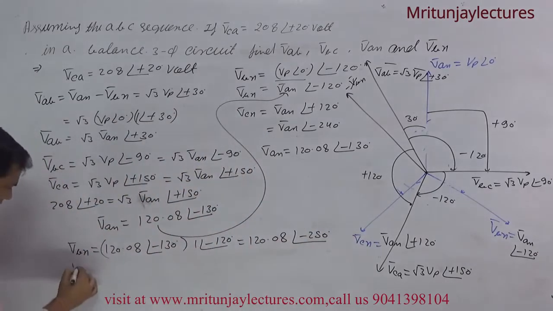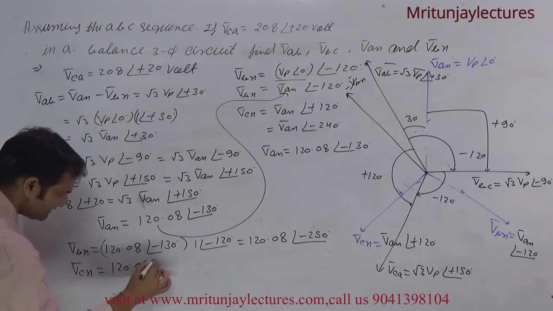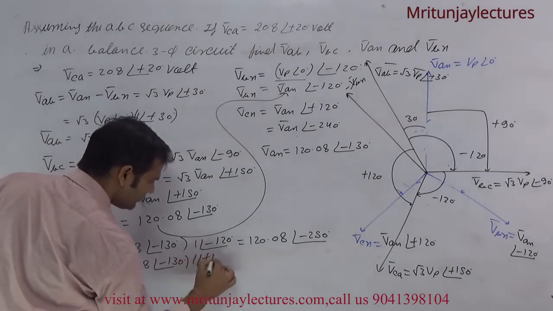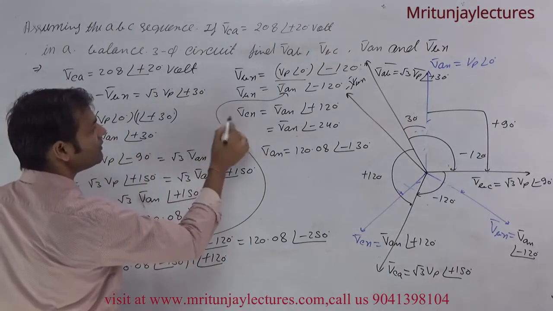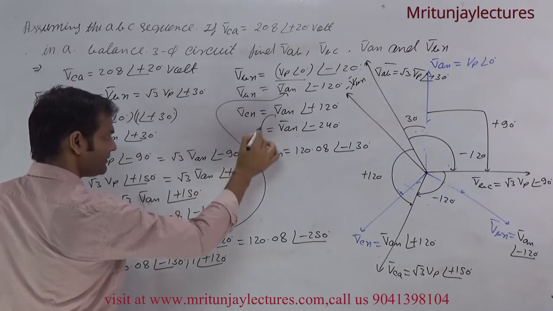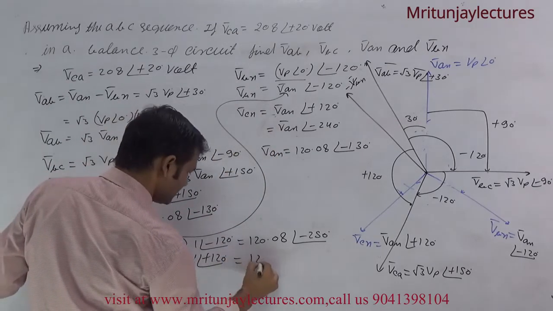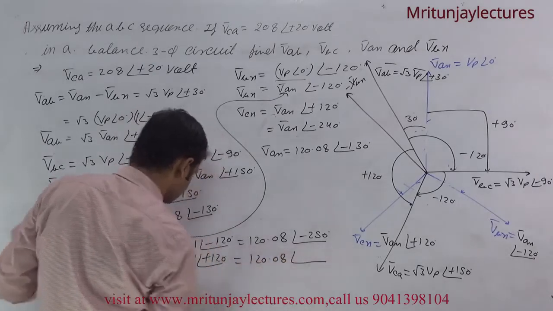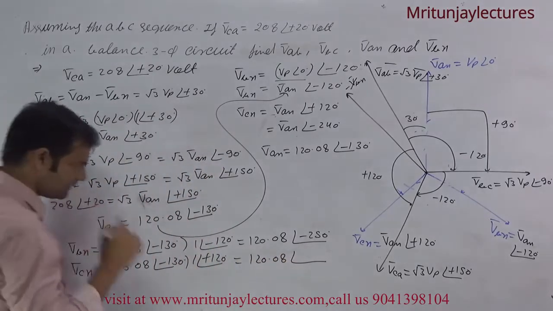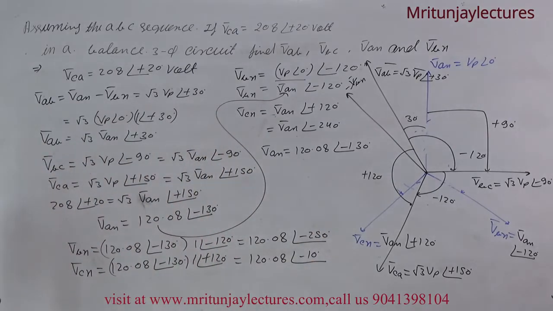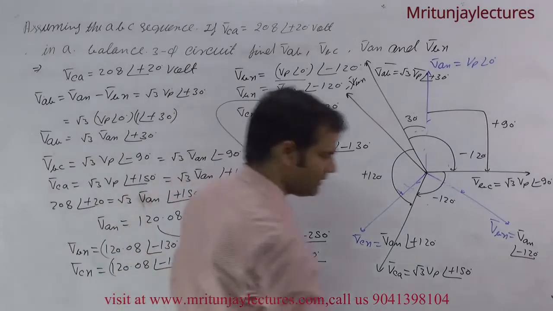And what about CN? CN is also written as 120.08 at the angle minus 130 into 1 at the angle 120. Okay. This one is 120.08 at the angle minus 10 degree. That is minus 10. Clear? First of all, make ABC.